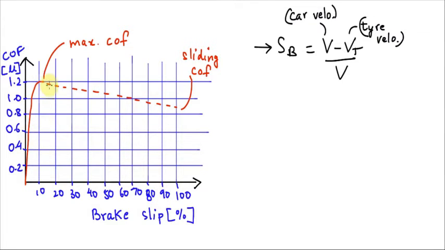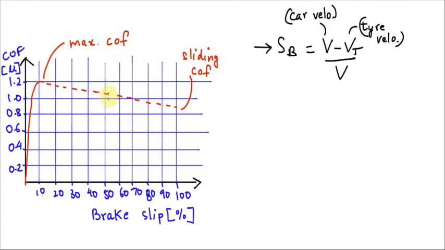So here I have a graph of the coefficient of friction between the tire and the road surface against the brake slip in percentage. As you can see, as we increase the slip, the coefficient of friction will increase slowly, and this is like 1.2. This is the maximum coefficient of friction that is possible, and beyond that it's not.